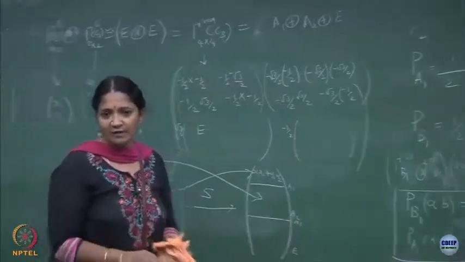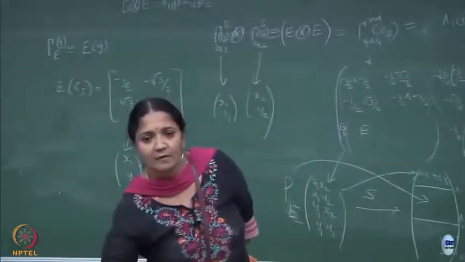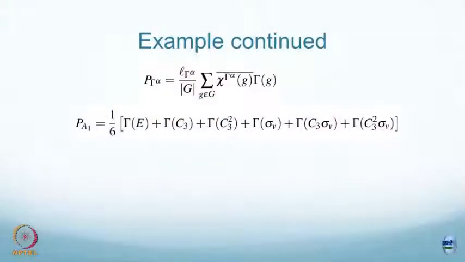So, this is what I have written on the screen here. Order of the group is 6, the dimension of the irrep A1 is 1 cross 1, a 1 dimensional irrep, and all the characters of this A1, which is the unit representation, are all 1. So, you add up all the matrices. I wrote only one matrix, you have to write the matrices for all the elements and add it up. What you get is what you call a projection operator for A1.